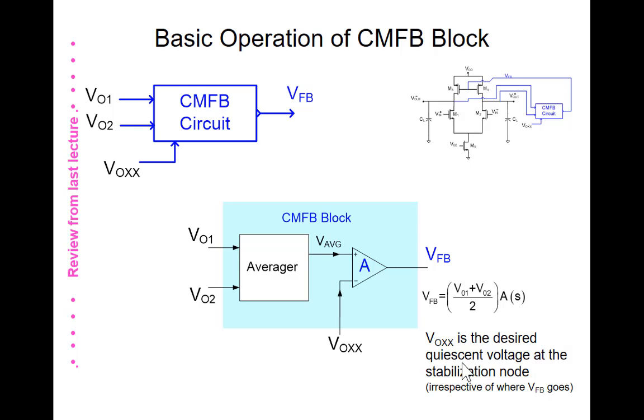It amplifies this difference and generates a feedback signal, and that feedback signal goes to one of the places where we can inject a common mode voltage into the circuit. Depending on whether you go to the upper or the lower terminal will depend upon whether it's inverting or non-inverting input.